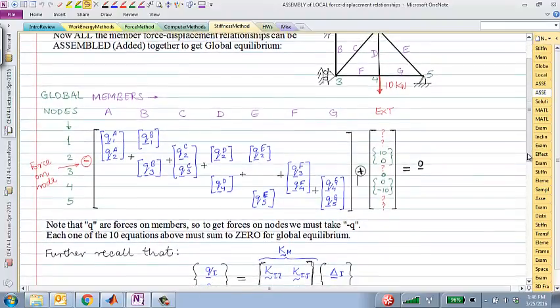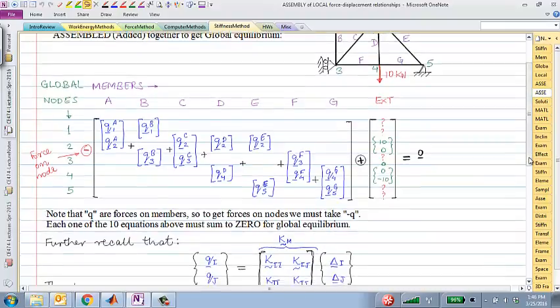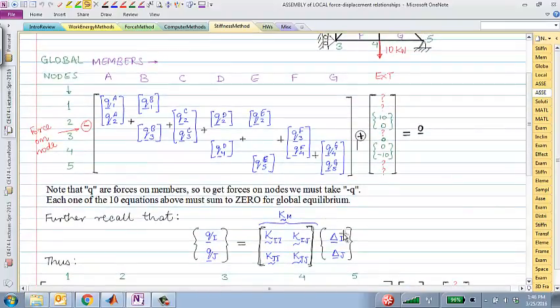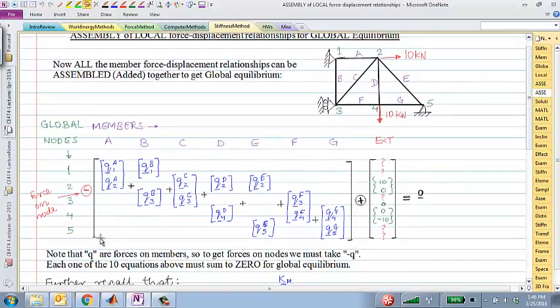Before we do that, we have to actually express these 10 equations in the form where we actually have displacements explicitly in the equation. So now this is the most important step with the stiffness method. What we did here was we assembled the element forces in this force vector.